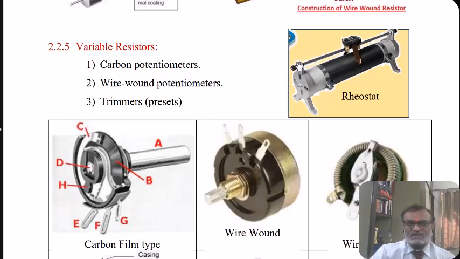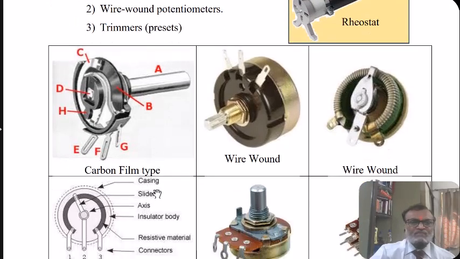And here the connection is provided to make the connection with the variable terminal. Whereas the carbon film potentiometers look like shown in the first figure. Here between the two fixed ends, the carbon film is used on which the wiper is moving and the wiper is connected to the variable terminal.